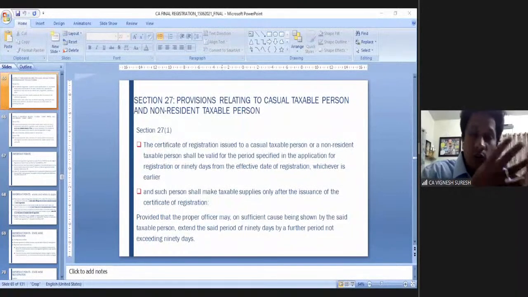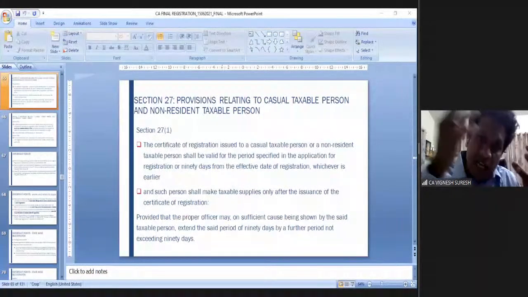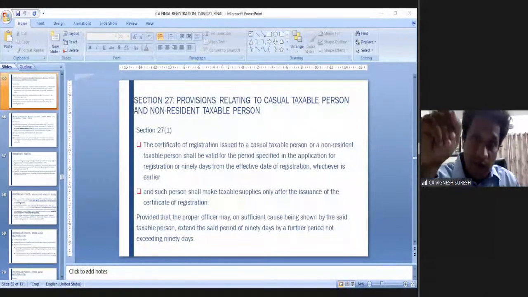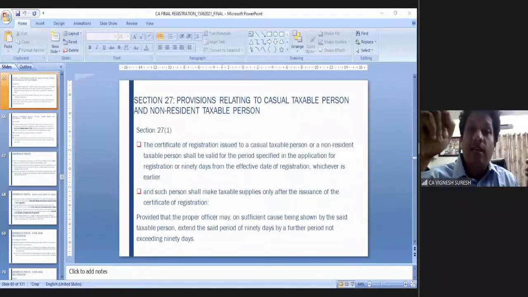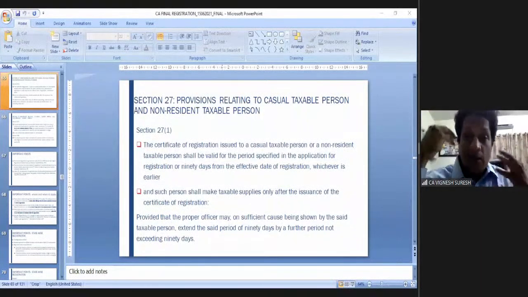Because if you have an office in one state and an office in another state, and there is a transaction between both, obviously it will not be as per the market value. So value of supply says that in case of distinct persons, you need to consider the open market value of supply as the value of the supply. That is why the distinct person is important here.